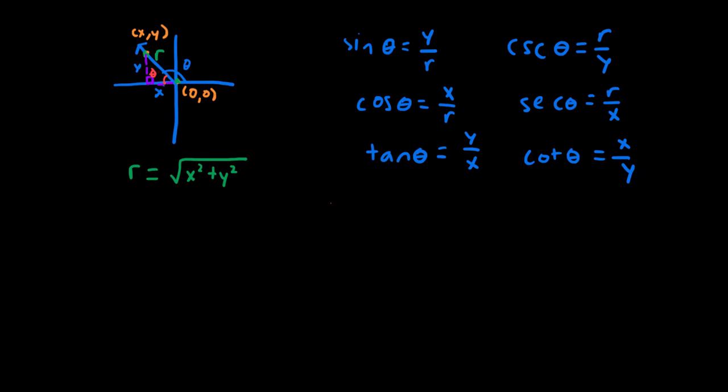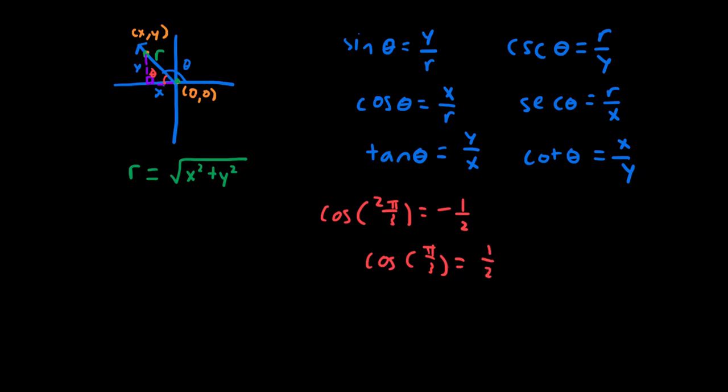So what I mean is, for example, cosine of 2 pi over 3 is negative half. And the reference angle for 2 pi over 3 is pi over 3. So cosine of pi over 3 is equal to half.